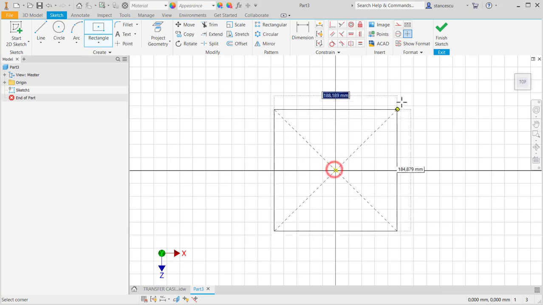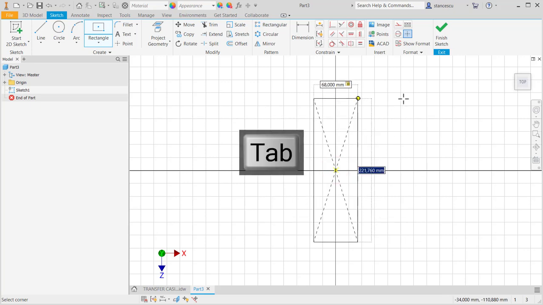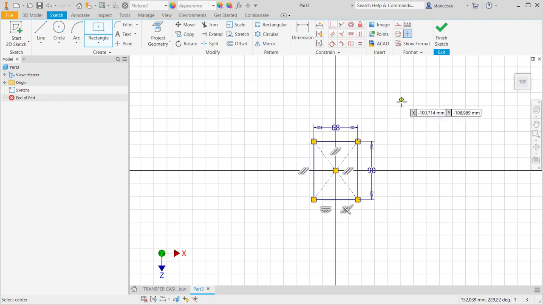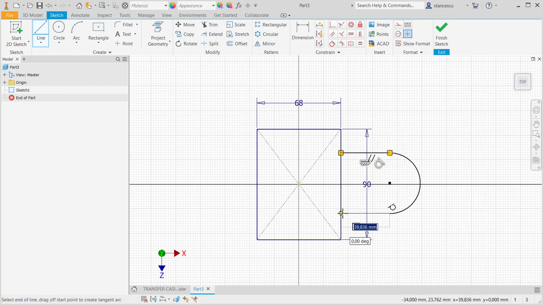We center the rectangle here, 68 by 90, and the extension somewhere here, using our special skill.